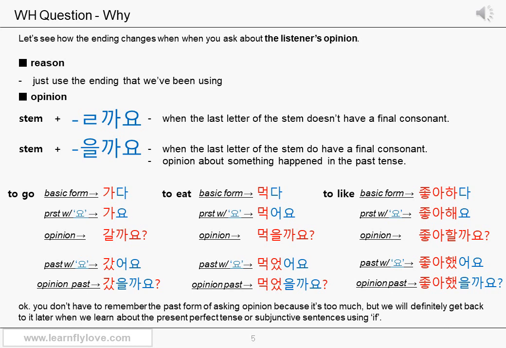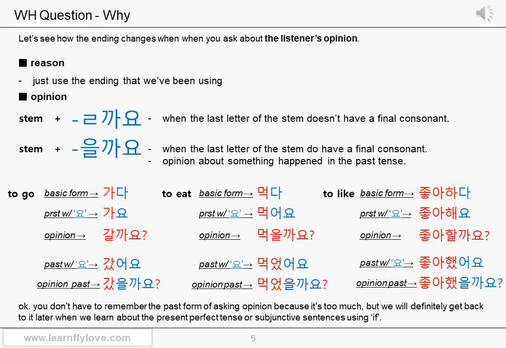To make it opinion asking form, we add 을 sound plus 가요. We always add 을 sound because 왔 of 왔어요, 얻 of 얻어요, 했 of 했어요, they all have the final consonant all the time. Do you get it? So it becomes 갔을까요? 갔을까요? Okay? But you don't have to remember the past form of asking opinion because it's too much.